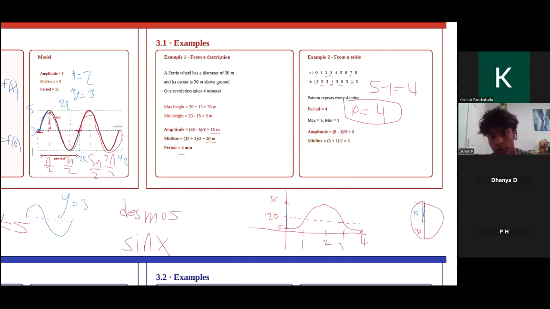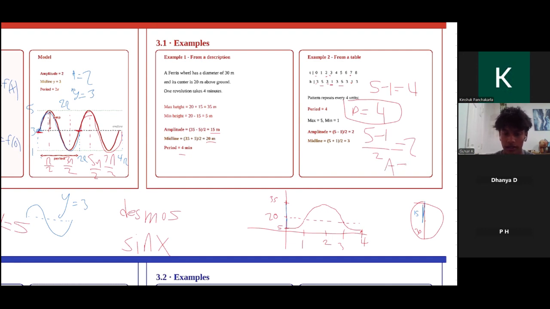Maximum is 5, minimum is 1. And remember, to get our amplitude, it's halfway between our maximum and minimum. And to do that, we subtract the minimum from the maximum and divide by 2. So maximum minus minimum over 2, and that equals 2. So that's going to be our amplitude. A equals 2.